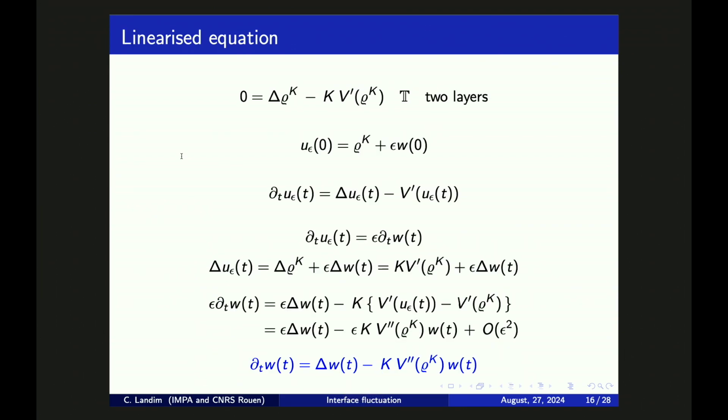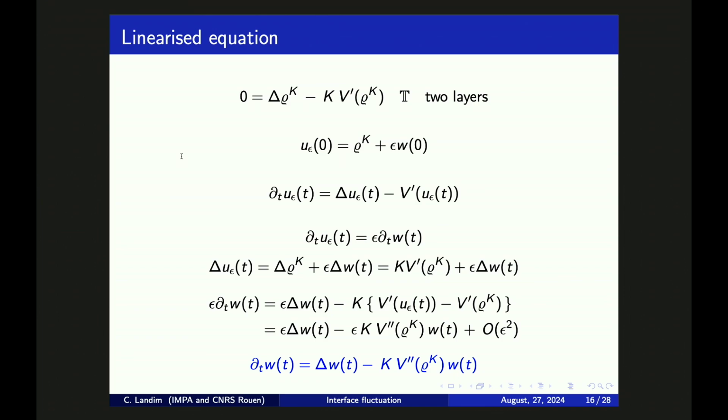Okay. So let me represent by rho k this stationary solution, which has two layers. And we will start from that, and we want to study the fluctuations around that. So we are starting with a small perturbation of this stationary solution, and we want to investigate the evolution of this correction.